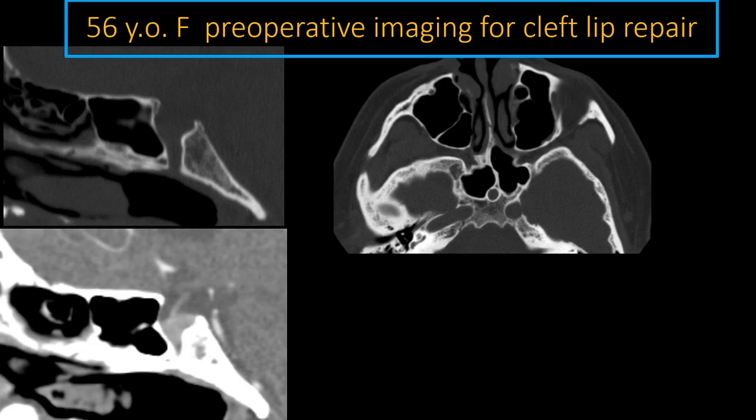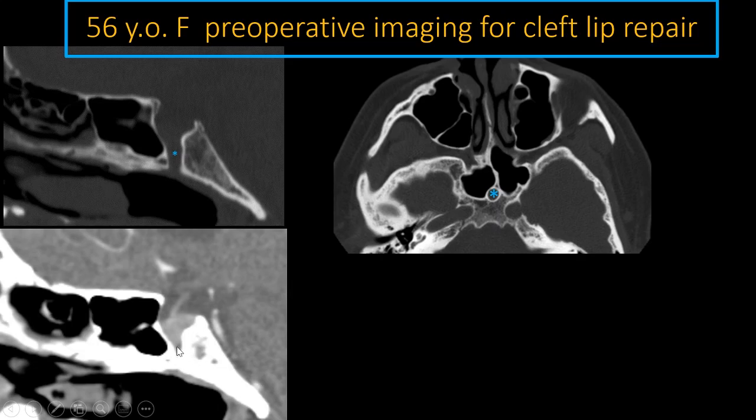Moving on to the next case, this is a 56-year-old who was imaged for a cleft palate repair. And here we can see there is this bony discontinuity along the floor of the sella turcica, extending to the anterior inferior margin of the clivus, indicated by the blue asterisk. We can see it here in the axial plane as well.